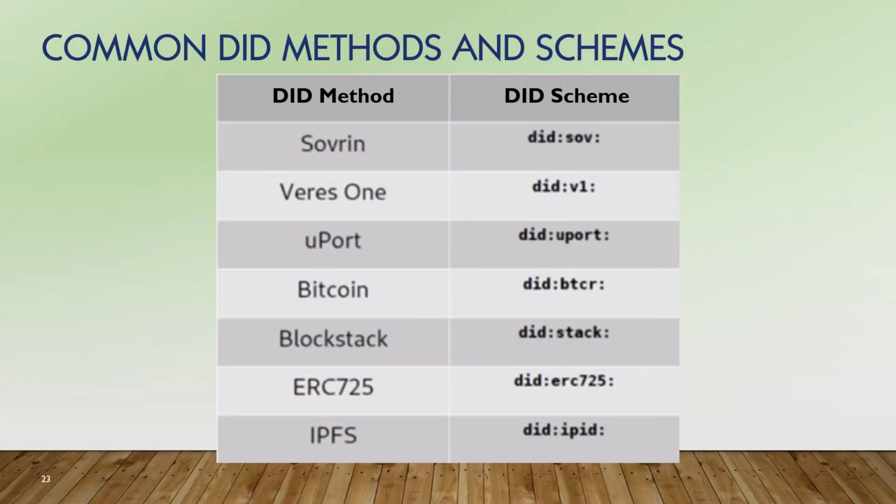Let's look at how the did-uri spec would work with the did ABNF spec in cases where you have different kinds of did methods, such as the sovereign did method, the Bitcoin did method, the ERC-725 did method, or the IPFS did method.